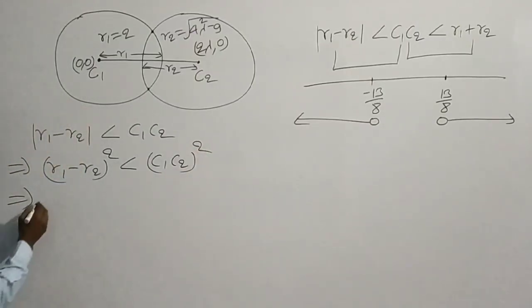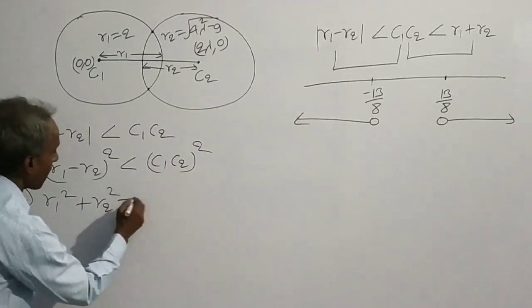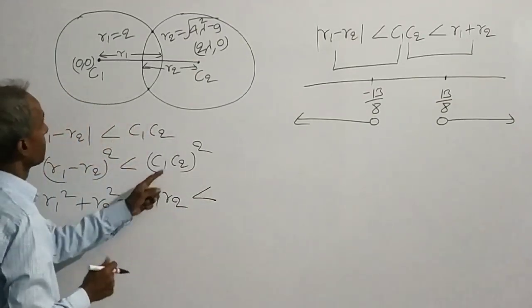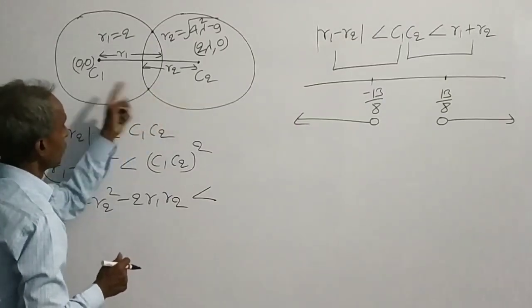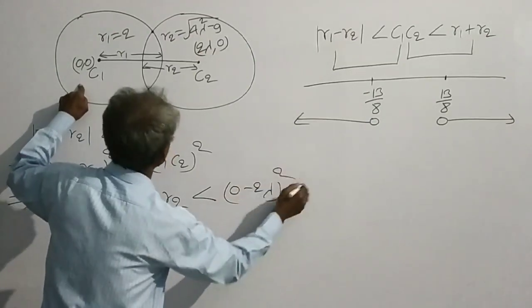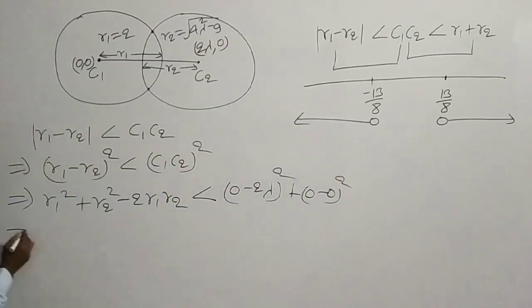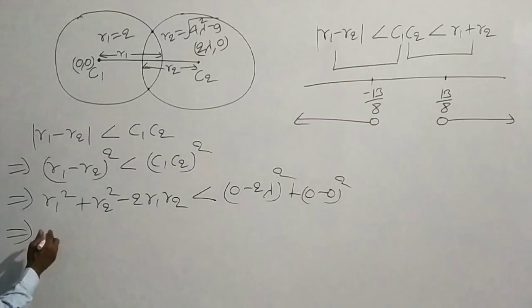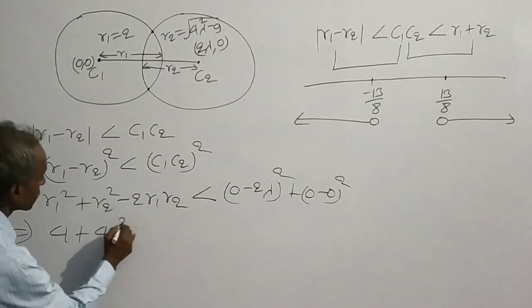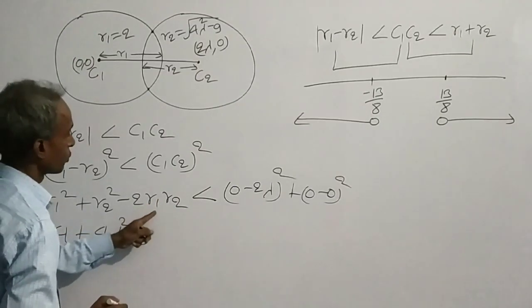This implies R1 square plus R2 square minus 2 R1 R2 is less than (C1 C2) square. That means 0 minus 2 lambda square plus 0 minus 0 square. This implies R1 square means 4, plus R2 square, that means 4 lambda square minus 9, minus 2 R1 R2.